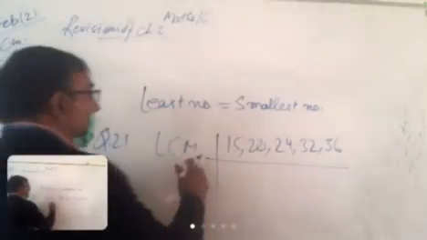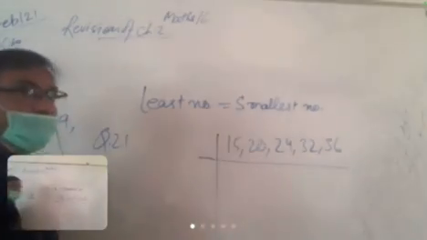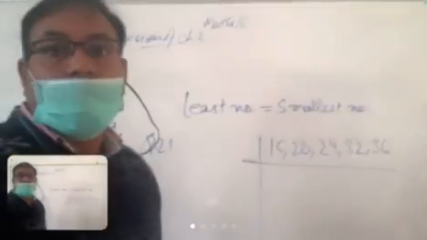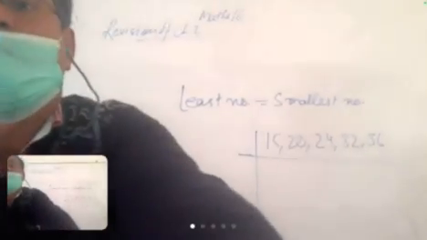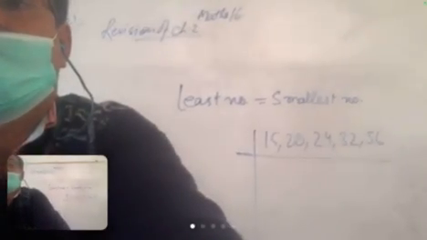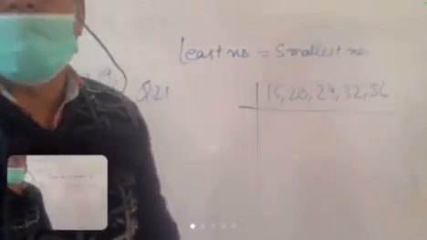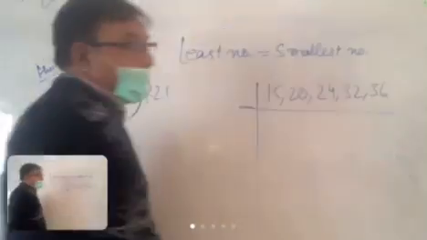Yes? You also have to respond, friends; between offline and online I get confused about how to point out. So everyone, please see, we have to find the least common multiple of 15, 20, 24, 32, and 36.